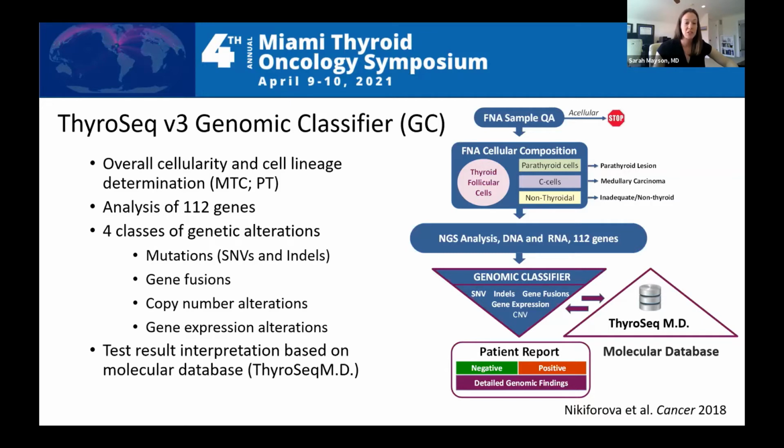And as mentioned earlier, mutations can be detected, as well as gene fusions, copy number alterations, which we see more frequently in Hürthle cell nodules, and then also gene expression alterations. And the test result interpretation is based on a molecular database. And the overall result that's yielded is a positive or negative result, but also a detailed genomic report that describes what genetic alterations were detected, if any were.